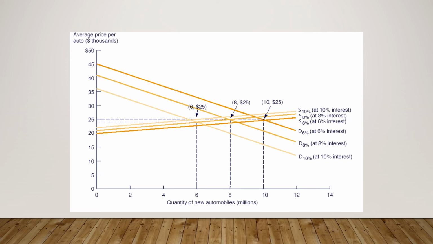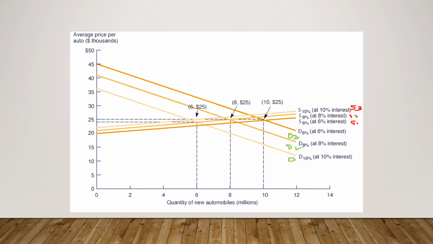So you see here that there are 3 demand curves and there are also 3 supply curves. So let's try to label them. This will be D1, D2, D3, and the supply curves will be S1, S2, and S3.